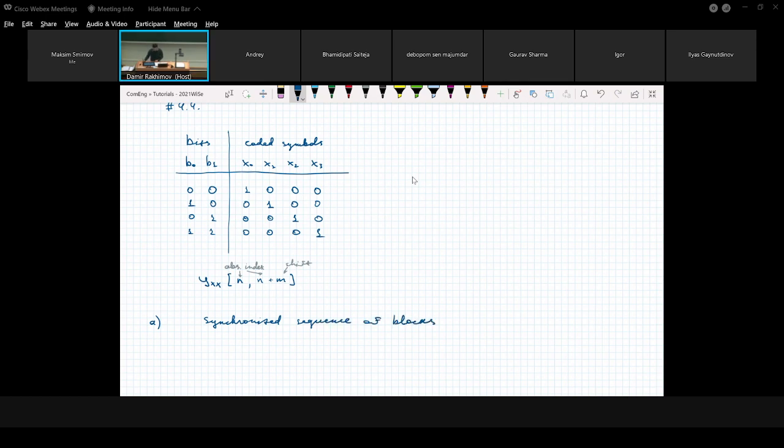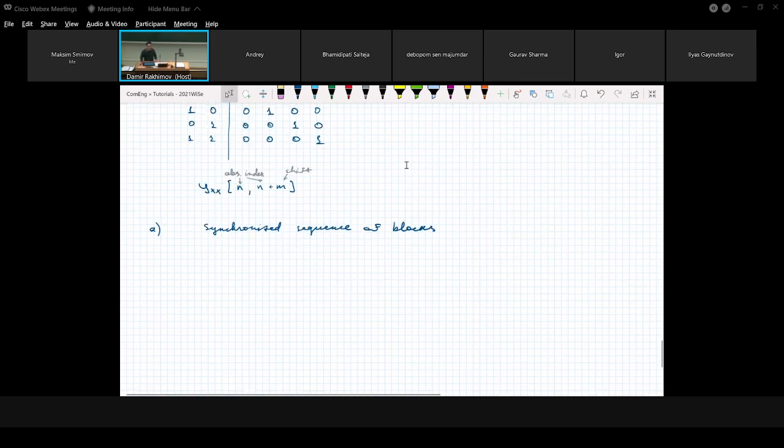Remember that when you calculate statistical parameters, you perform averaging over realizations. So let's say you have a device that produces coded symbols. Then you come today to your office, and you switch on this device. And you measure from the very beginning after you switch it on what the output sequence will be.